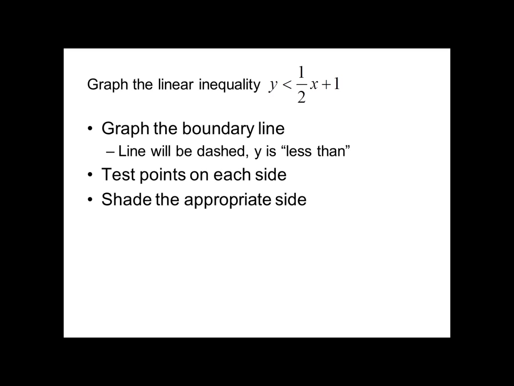If y is less than or equal to, or if y is greater than or equal to, that boundary line will be a solid line. Since we don't see the or equal to, our line will be dashed. Then we're going to test points on each side of that line, and then we'll shade the side where the test points work.